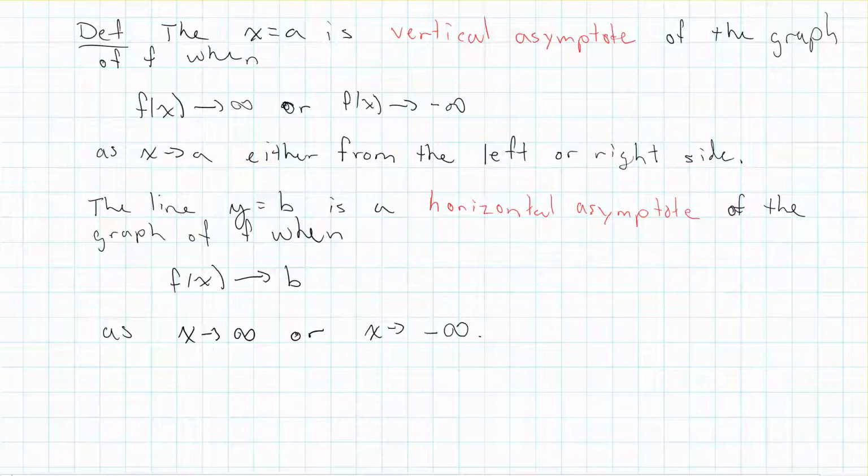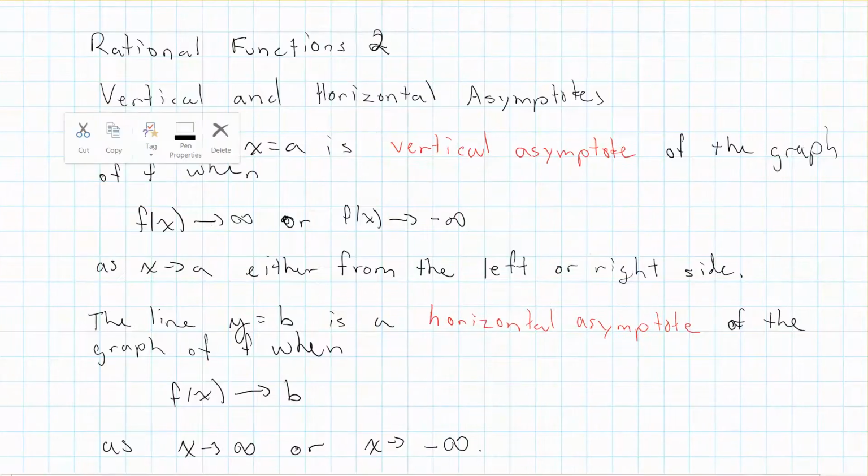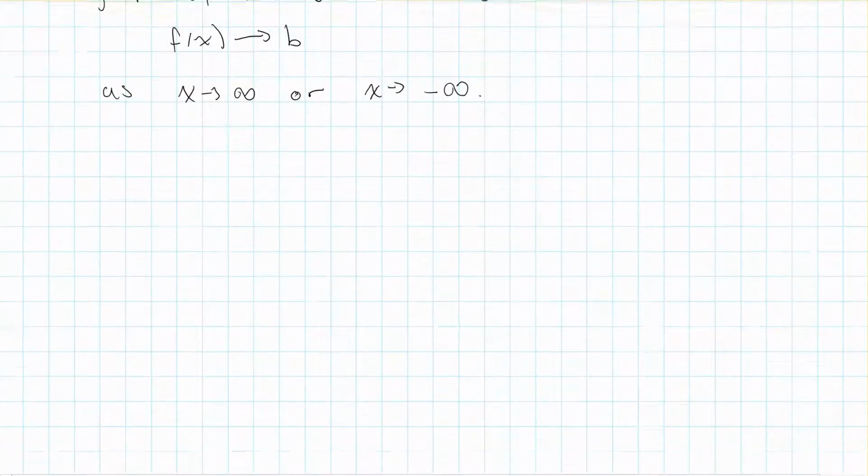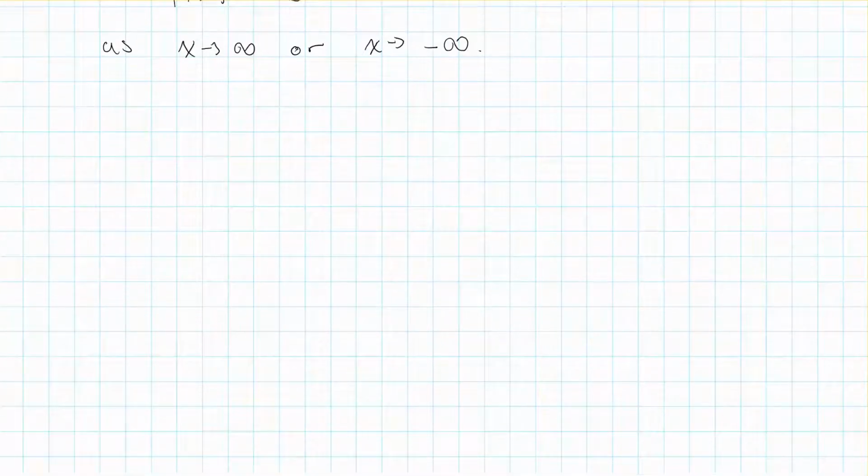Now before we talk about this or even look at some graphs, there's some key things. Well, maybe let's look at some graphs first and then we'll talk about some key things about what you can have as far as horizontal and vertical asymptotes. It looks like my graph here isn't pasting anymore, so I'm going to have to redraw it.